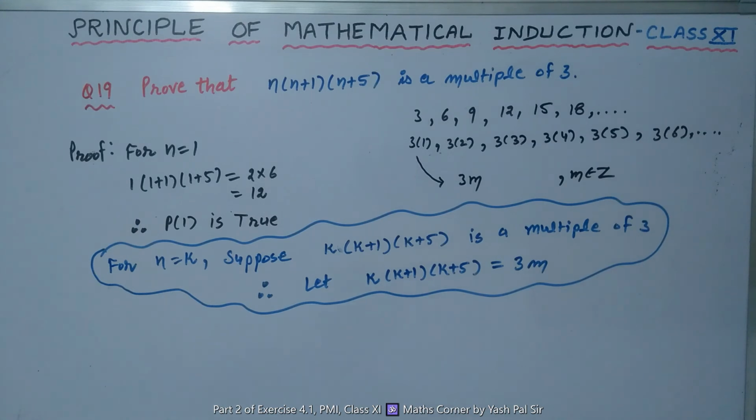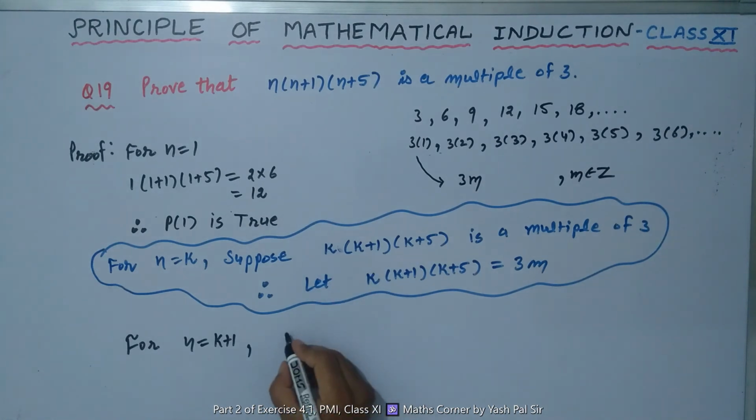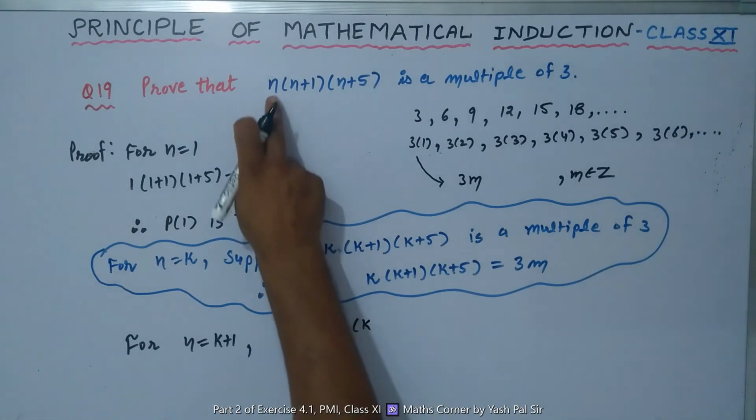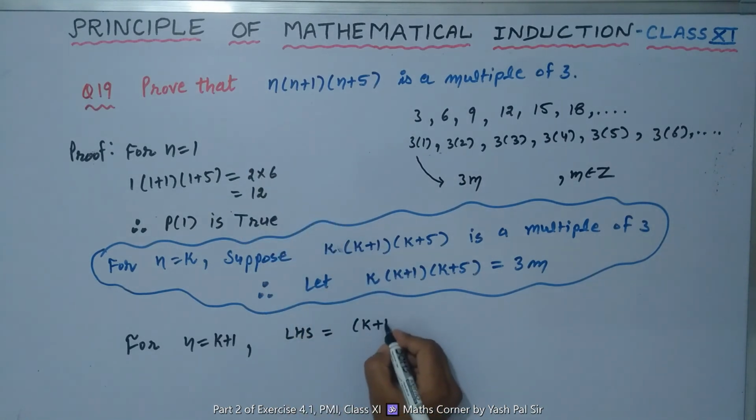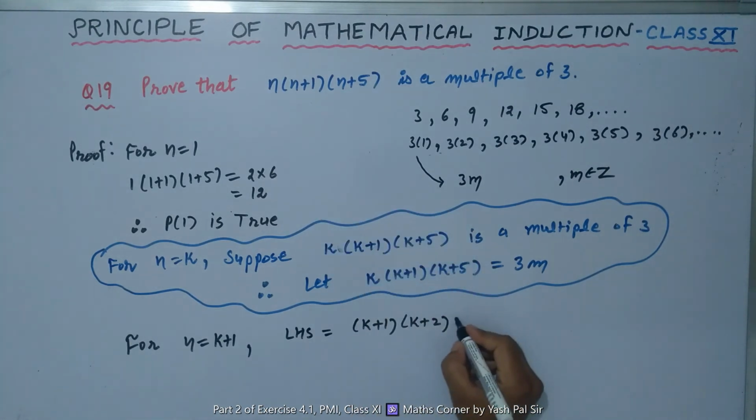So for that, now for n is equal to k plus 1, what happens? We write here left hand side is equal to, starting with n is equal to k plus 1, the second factor becomes k plus 2, and the last factor becomes k plus 6. So again, what can we write now?